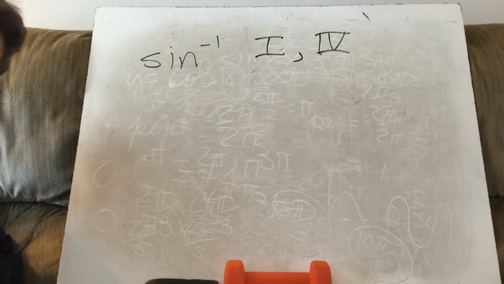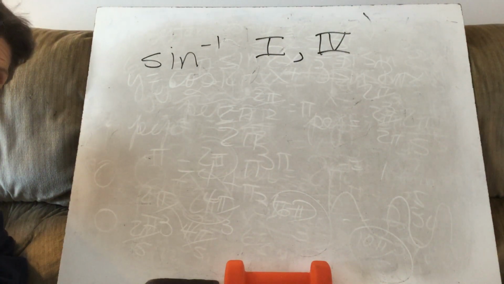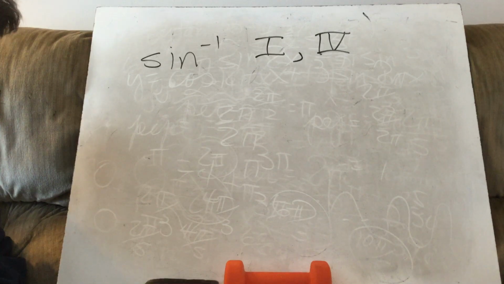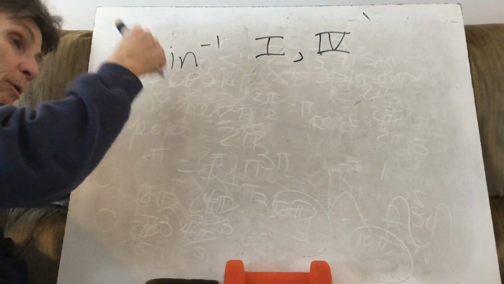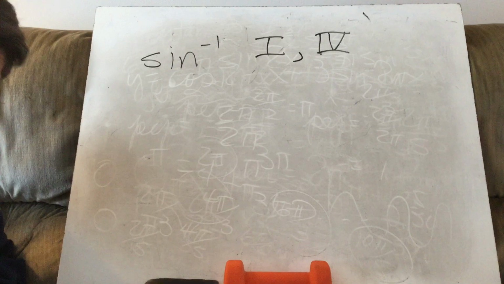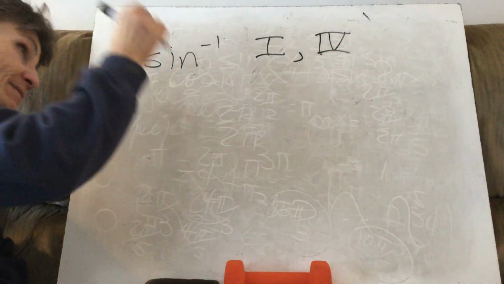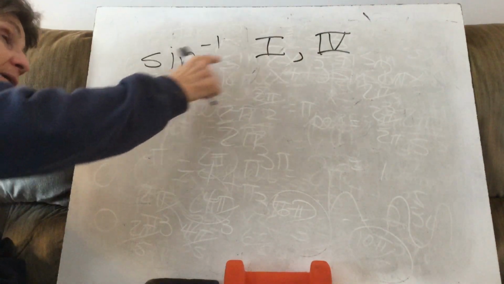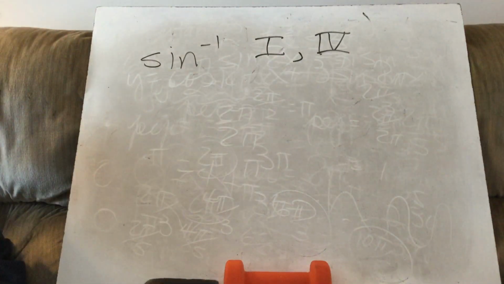So please add this to your pink sheet. And again, I need to emphasize that what I'm talking about is when that is in the problem already, not when you decide you're going to press that button. That's different. When this is in the problem, you're only allowed to look in quadrants 1 and 4.